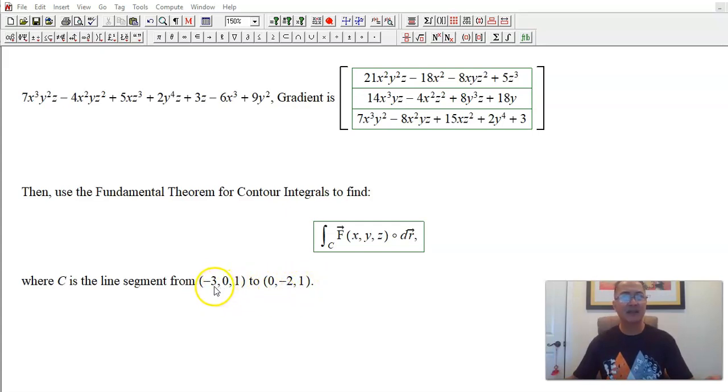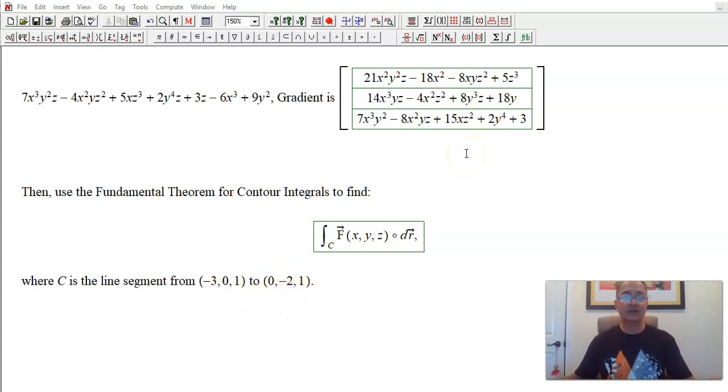Okay, so you need minus 3 plus 3t minus 2t. 1. Okay, at least that's a constant. There's no t. But then you're going to have to plug in all those 3 horrific functions into that potential, into these 3 components, and then take the dot product with the direction vector.